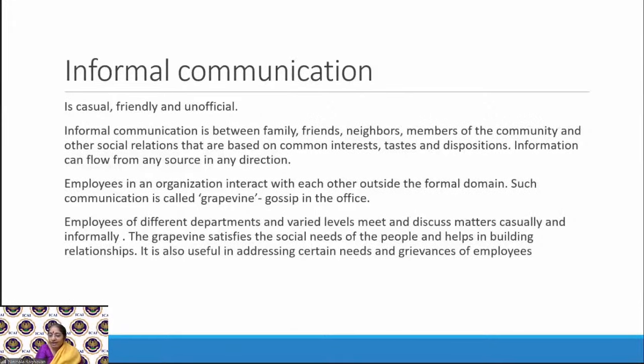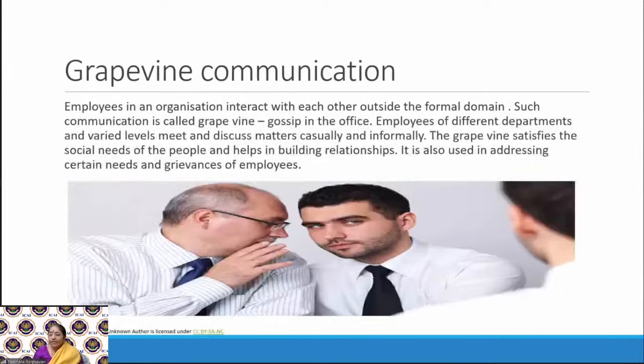Have you read this? And now we'll go to grapevine communication. So this is speaking in secrecy, in confidence, within the office space. That is grapevine. Employees in an organization interact with each other outside the formal domain. Such communication is called grapevine. Gossip in the office.